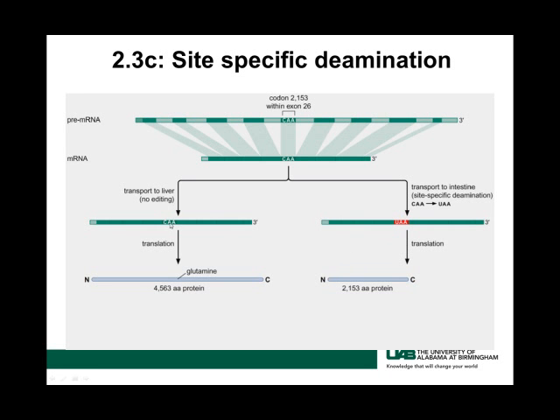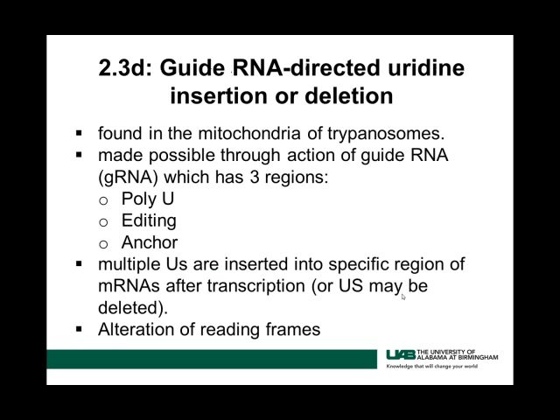So you go from a codon that codes for glutamine to a stop codon. So you don't make a large protein at all, but you make a truncated form of that protein. And it's very likely not going to be functional because it's half the size of the original protein. And this is the way that it can be lethal by that modification.